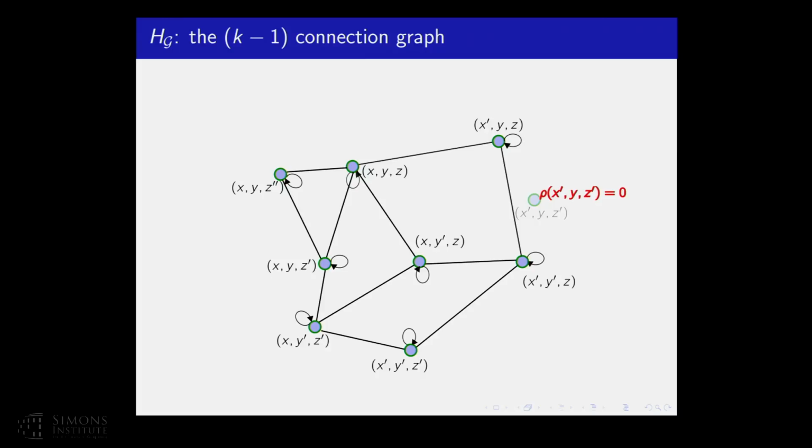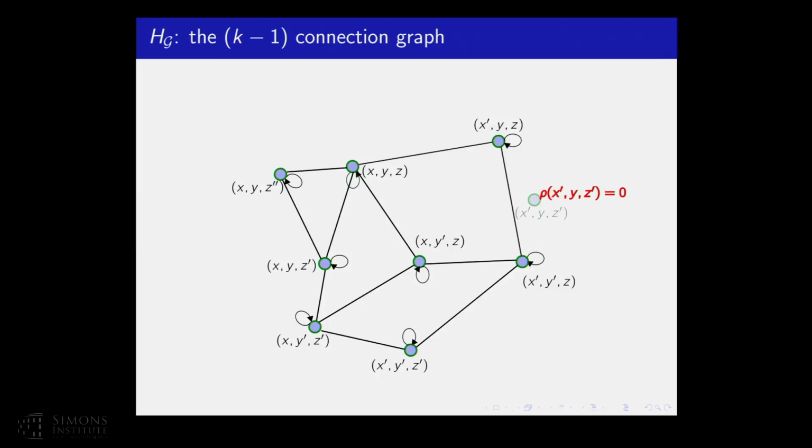Here's a diagrammatic representation to consolidate what we said. Notice all the vertices have self loops, and (x, y, z) is connected to (x, y prime, z), but is not connected to (x prime, y prime, z prime). And if a vertex has 0 weight, we just ignore it totally. So I hope this definition is clear.